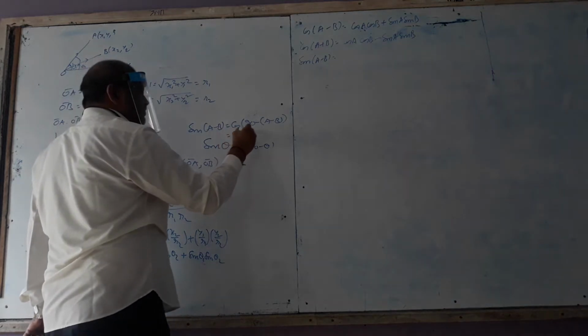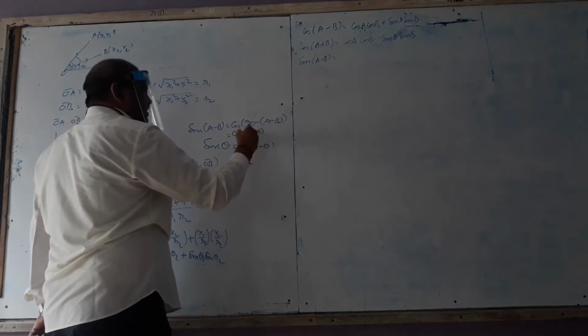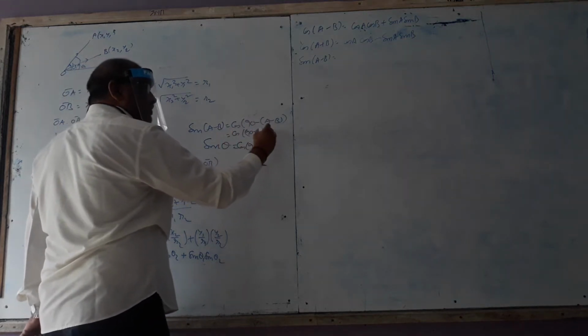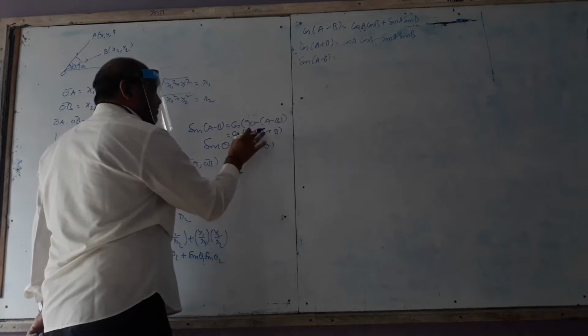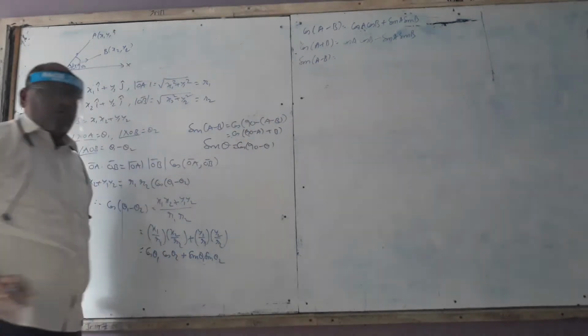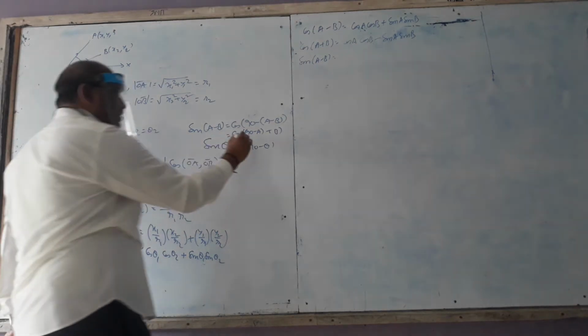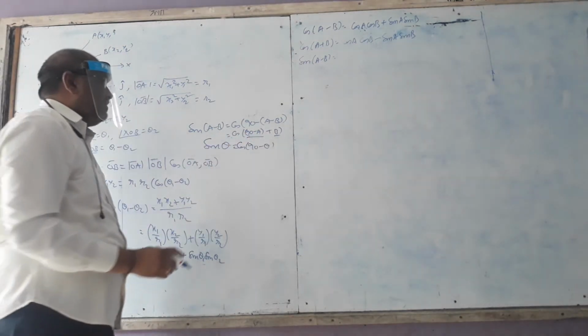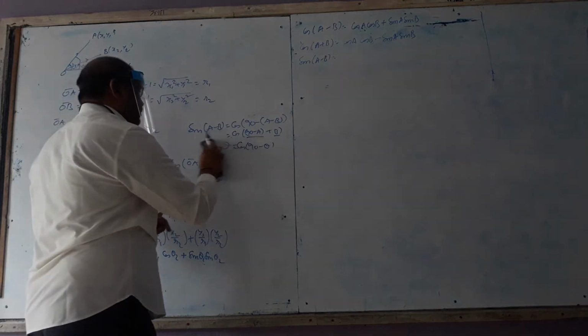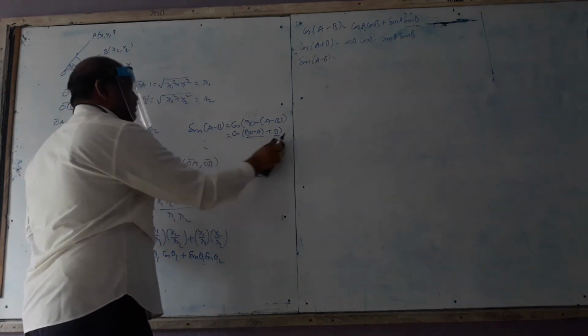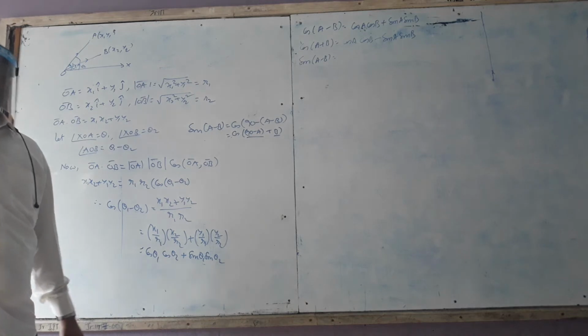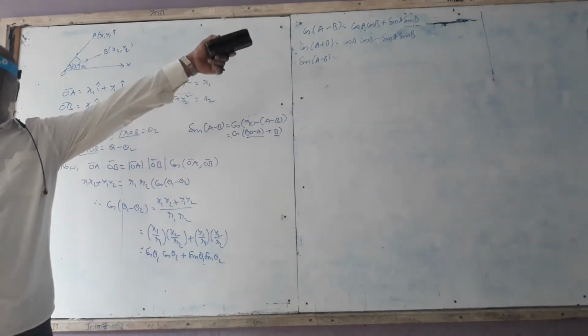This is cos of 90 minus A plus B, which is again of the form cos of A plus B. So expand cos of A plus B: cos A cos B minus sin A sin B, the second formula.